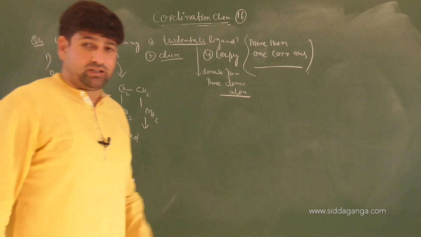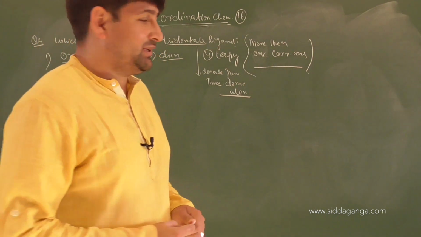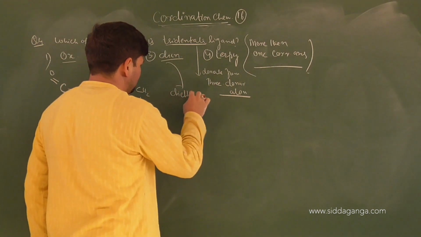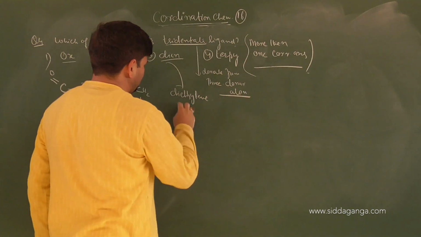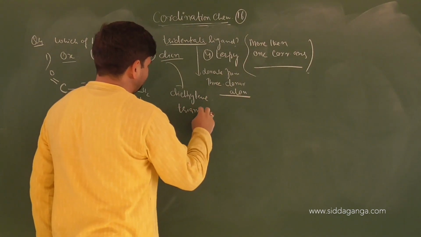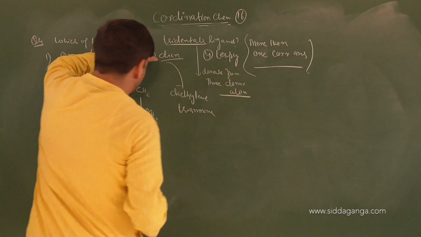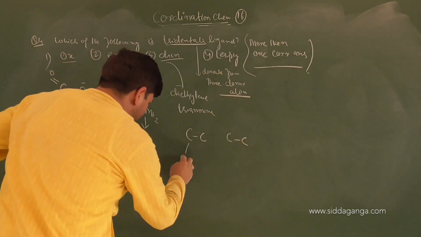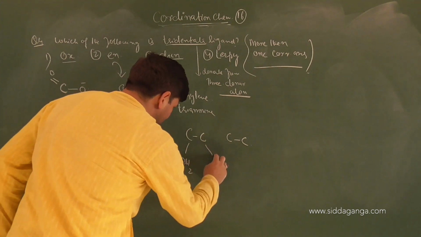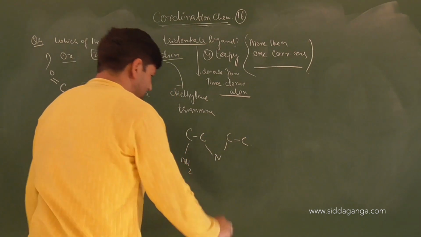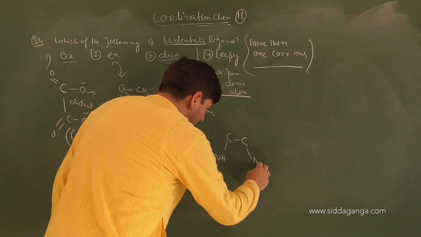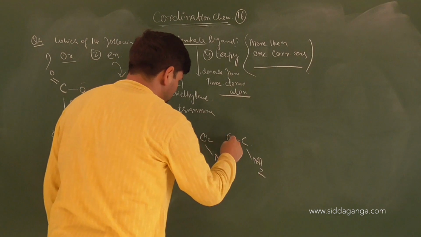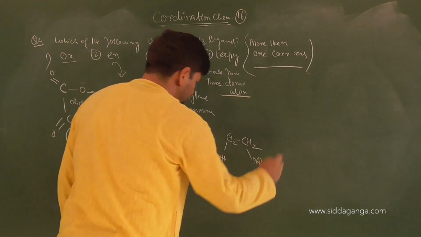What is the short form diene used for? It is diethylene triamine. And what's the structure for it? Diethylene means 2 carbon chains are there, and triamine: NH2, then you have NH, then again you have NH2, with CH2, CH2, CH2, CH2.